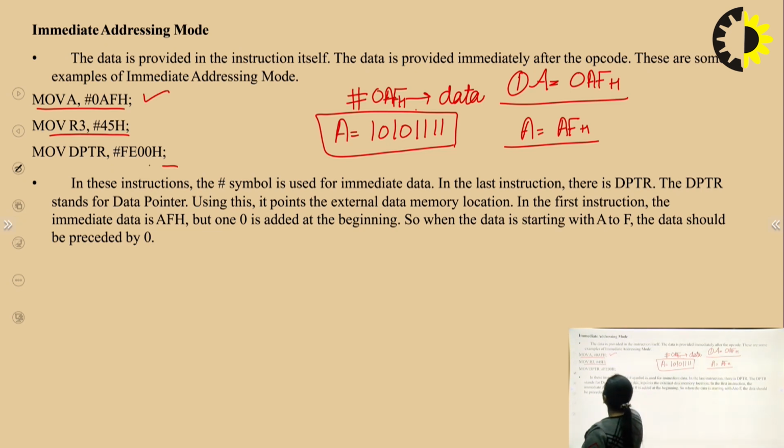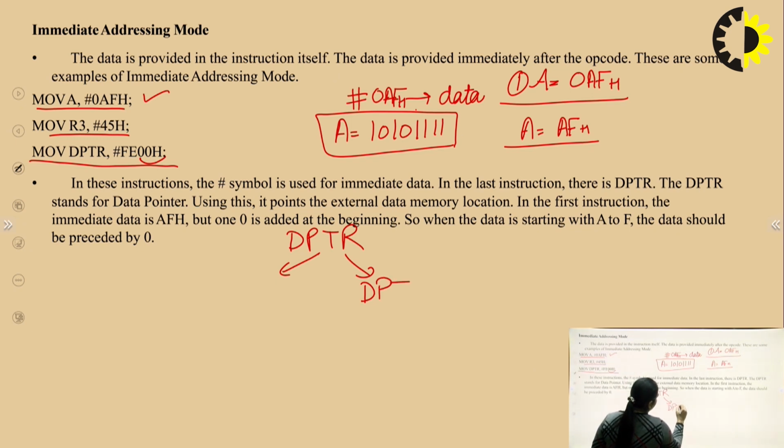Next is our move DPTR. What is DPTR? DPTR is our data pointer, which is 16-bit. So that is why this 16-bit data is given here. So FE00 will be transferred to the data pointer. The lower part will be copied to the data pointer lower, that is DPTR lower 8 bits, and DPTR higher 8 bits.